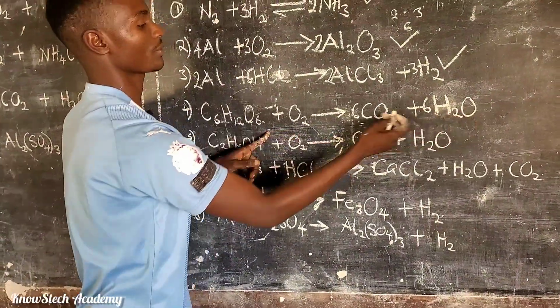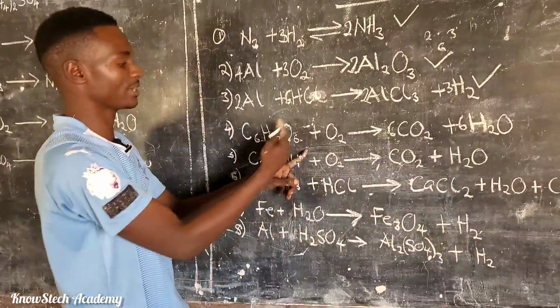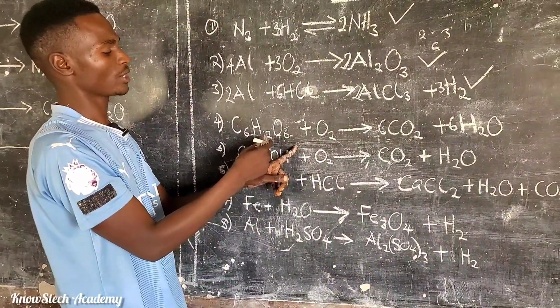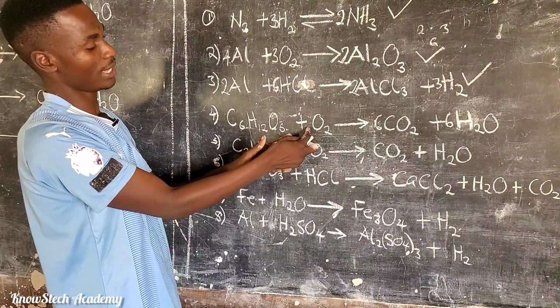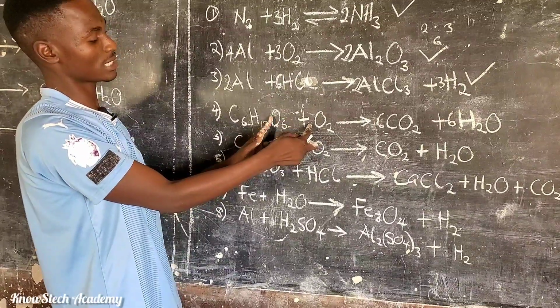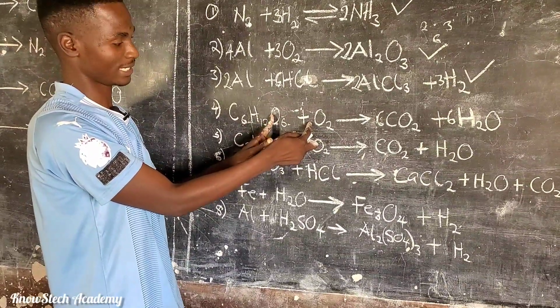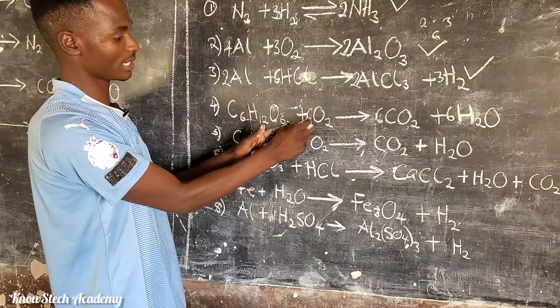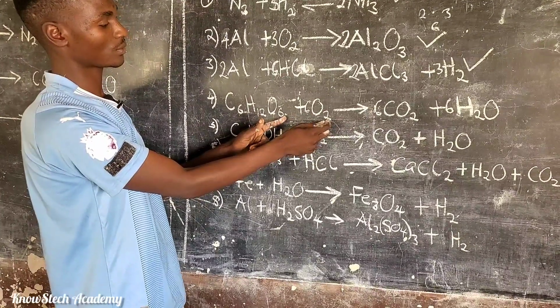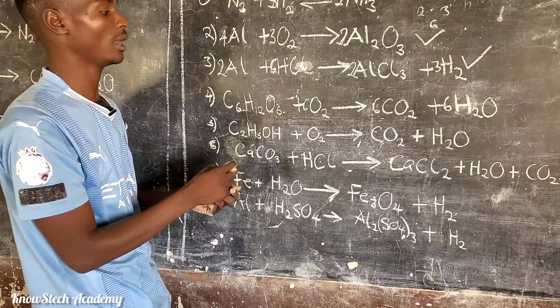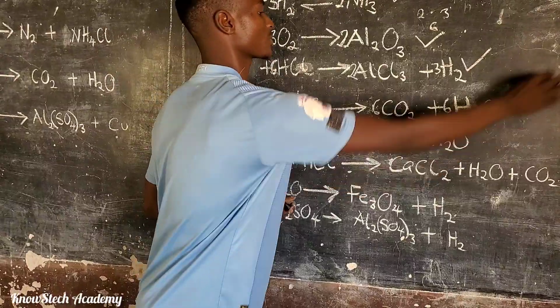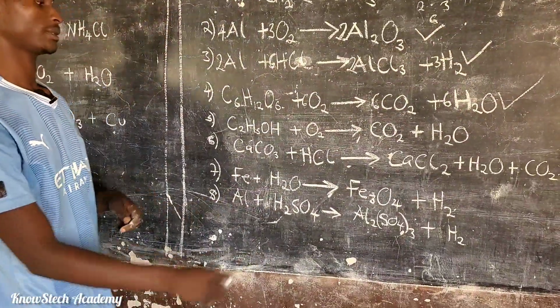So on the product side we have 18, this side we have 8. So which number can we put here so that when you add it to 6, it becomes 18? So if you put 6 here, 6 times 2, 12 plus 6, so this one is also balanced.